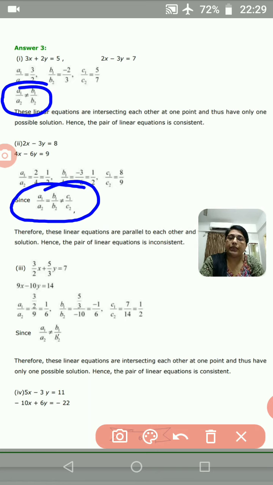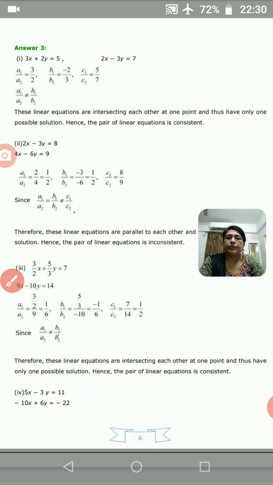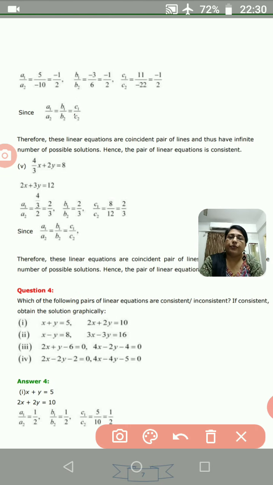Third question: A1 upon A2 does not equal B1 upon B2. So here again, as per the first answer, we will write intersecting lines in one point, therefore a unique solution is there, and also consistent. In the fourth question, we have the ratio A1 upon A2 is equal to B1 upon B2 is equal to C1 upon C2.